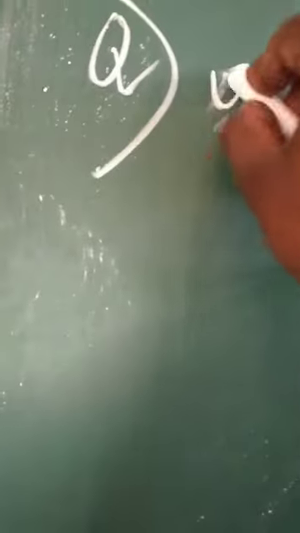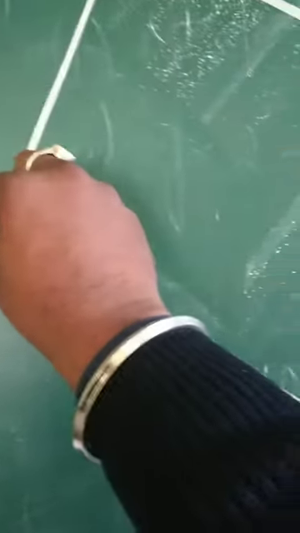So children, here in question number 4, it has been asked that the diagonal of a quadrilateral shaped field is 24 meter and the perpendiculars dropped on it from the remaining opposite vertices are 8 meter and 13 meter. Find the area of the field. Here is the quadrilateral shaped field in which there is a diagonal.